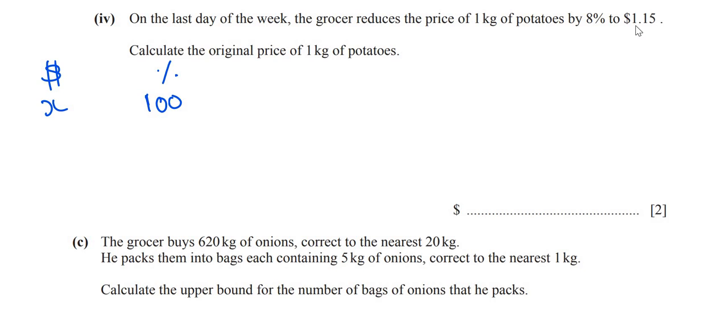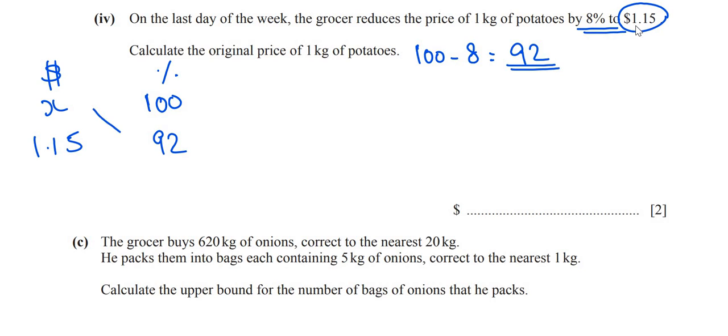Now when the percentage is reduced by 8, you will do 100 minus 8, which is 92. Do you get it? So percentage is 92 and the price is 1.15.